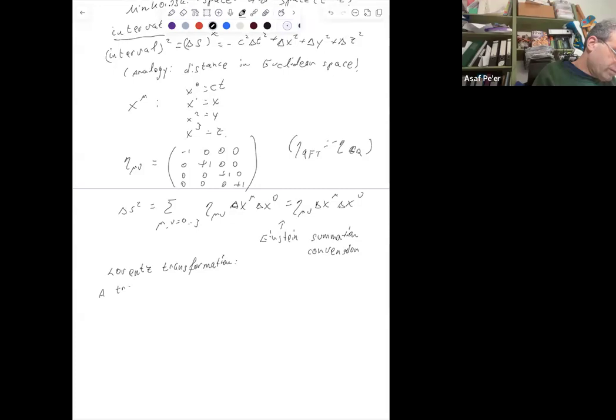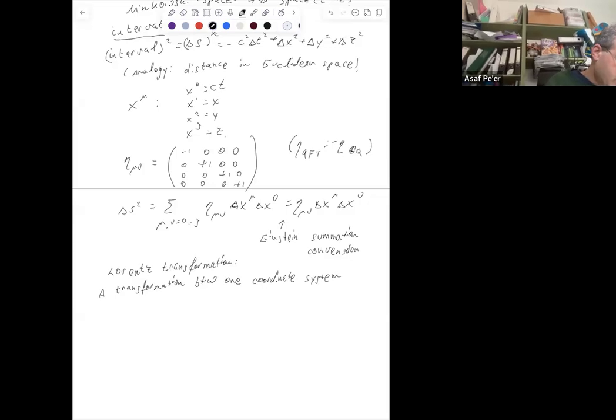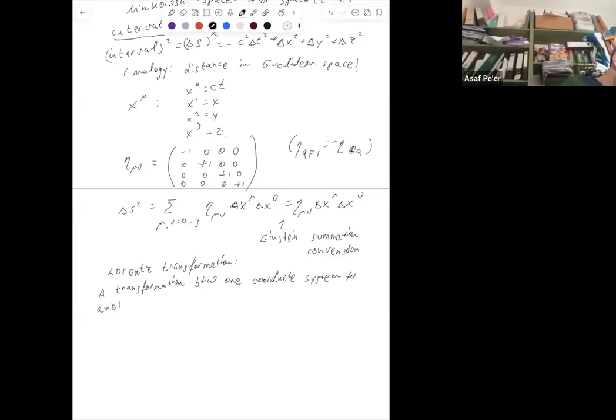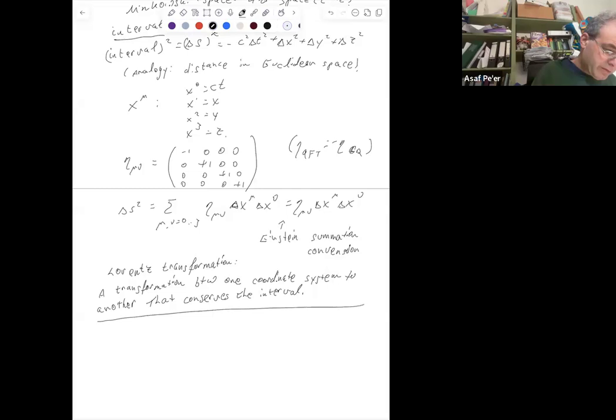A transformation between one coordinate system to another that conserves the interval. That is the definition of a Lorentz transformation.